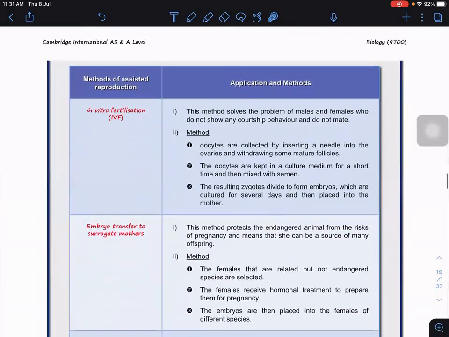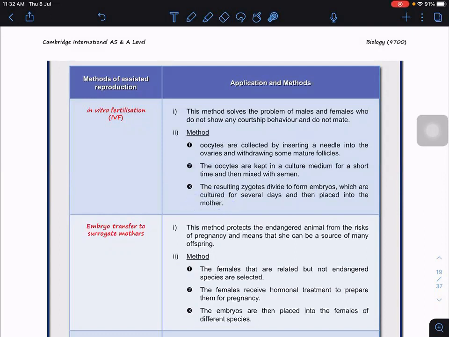So what does this mean? When we do IVF, or in vitro fertilization, we collect the oocytes, meaning the ovum, from the female. Even for the last female, we can still do a microsurgery, a minor surgery, to remove this ovum. This ovum or oocyte is kept in culture medium and mixed for a short time with the semen, and the resulting zygote divides to form an embryo, which is cultured for several days and then placed back into a mother.